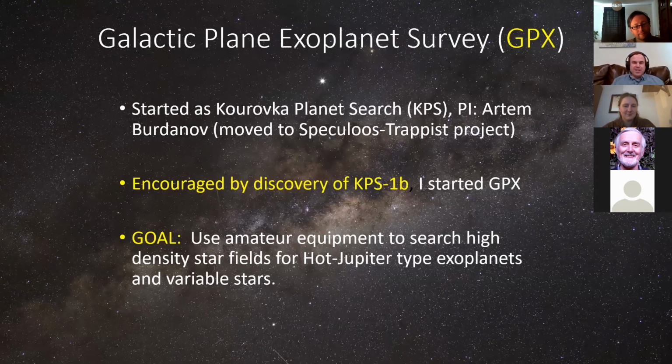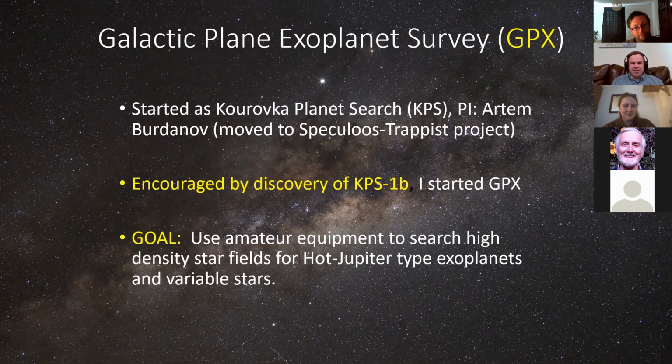Okay, GPX. GPX started as KPS. Artem was playing around with the MASTER telescope, also a wide field telescope in Russia, and he was imaging certain fields in the Milky Way galactic plane. And I was trying different things. Before that, what I did is just aim a prototype RASA telescope at a different field.